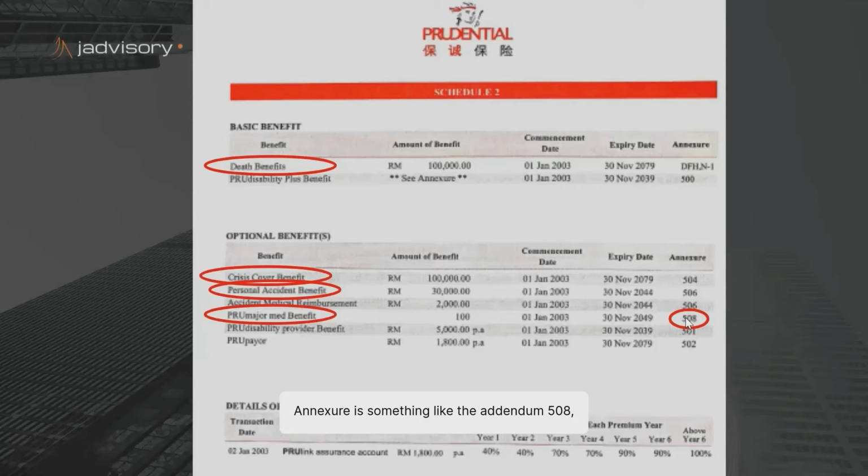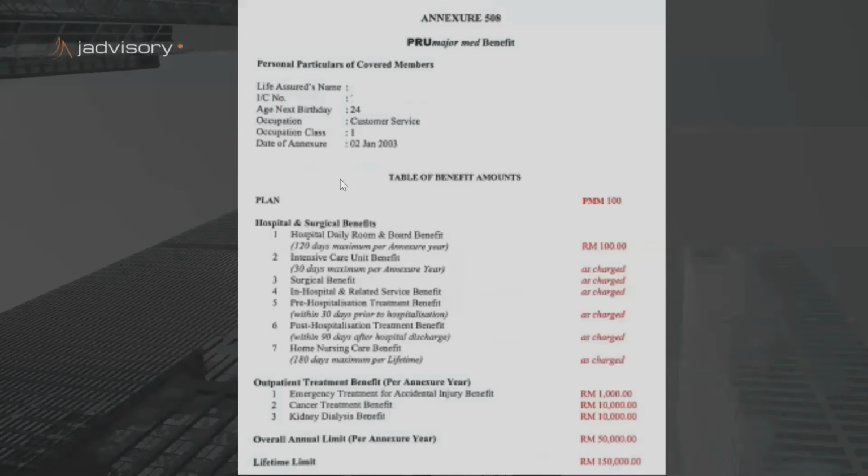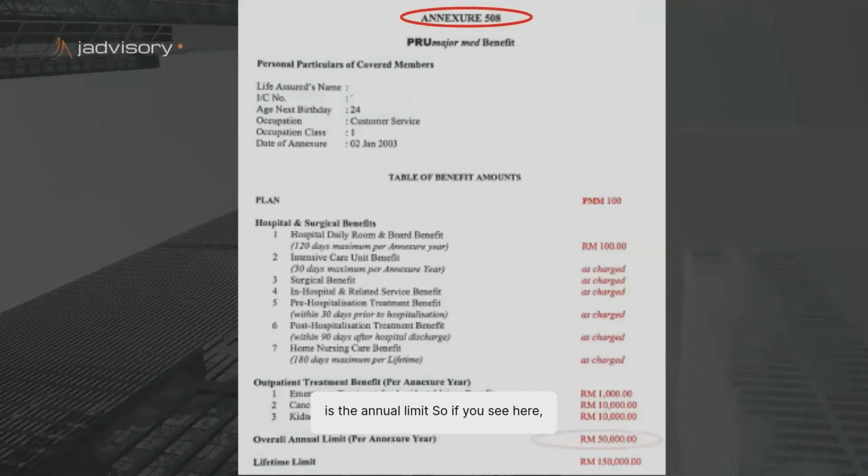Annexure is something like the addendum, page 508, you can scroll to that page and you can see something like this. Okay. What I want you to pick out is the annual limit. So if you see here, the annual limit is 50,000. So you want to pick the 50,000 amount and put it into your PMR template.